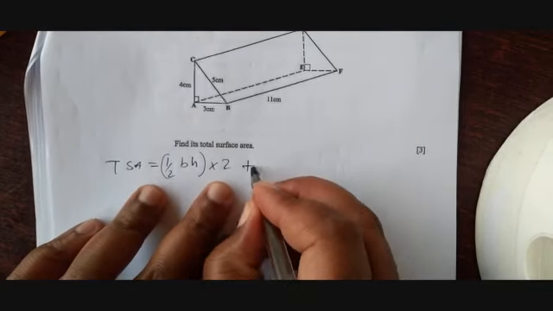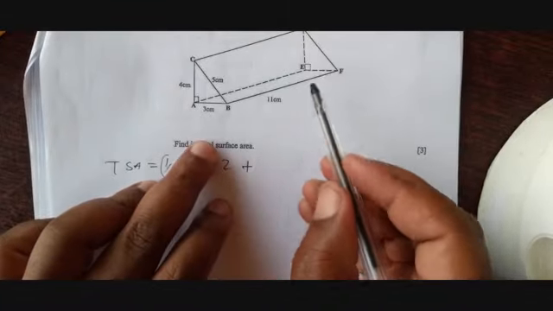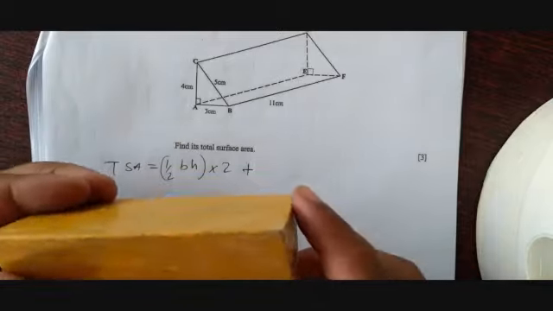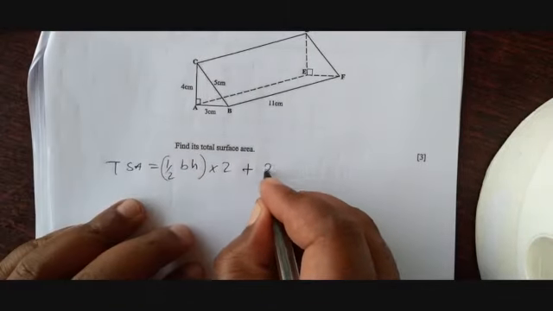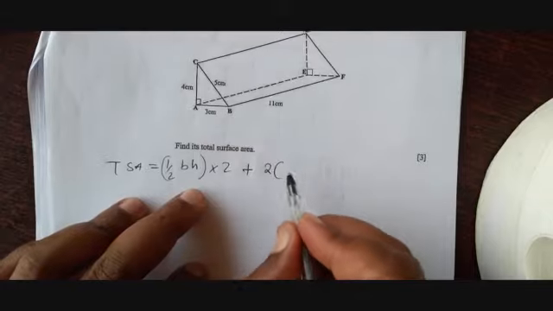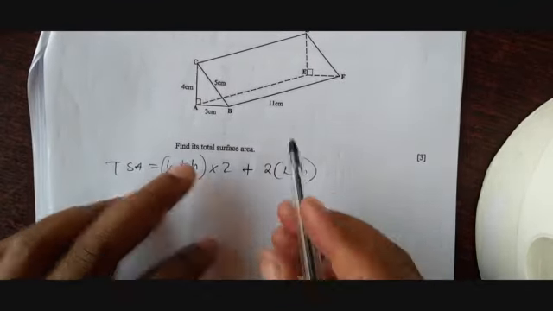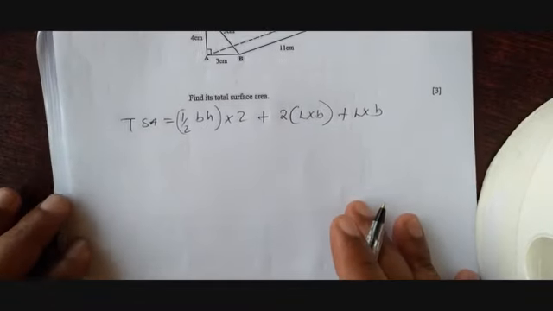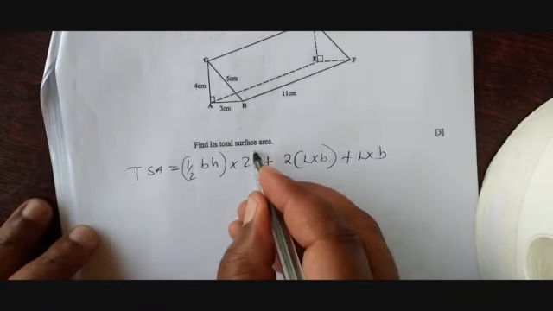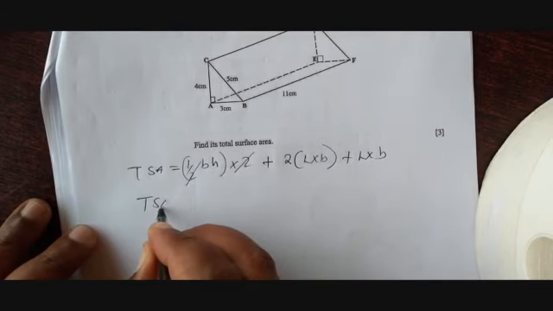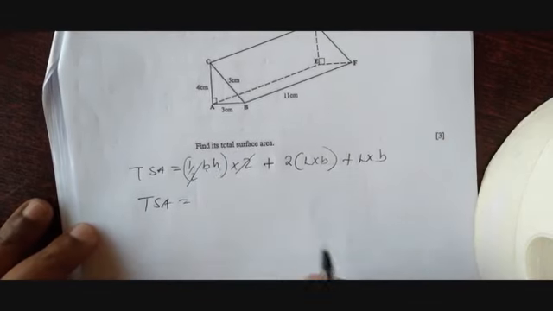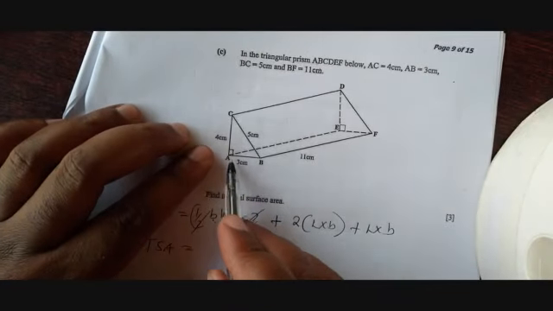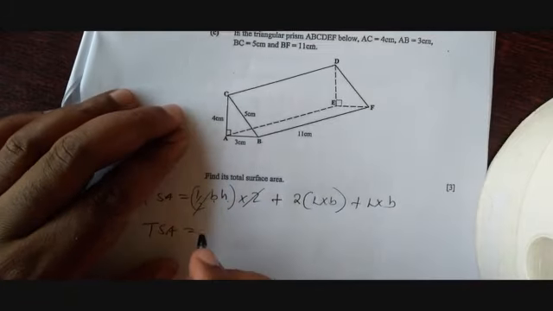Plus, you have this side, which is equal to this one, so 2 multiplied by L times B, plus this one, which is alone, the base here, plus L times B. When you cancel this one, you remain with total surface area equal to base times height. If I'm dealing with this triangle, my base is 3, my height is 4. So I'll say 3 times what?